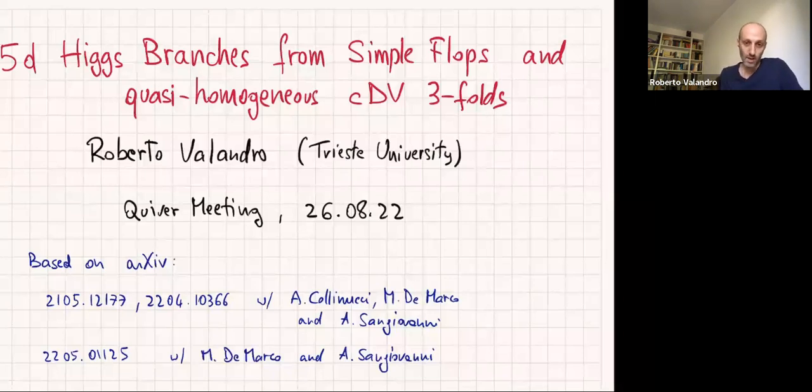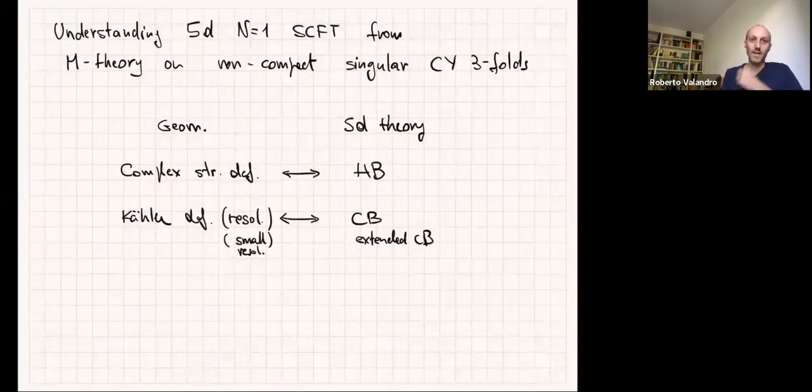So this work is in the context of understanding 5D N=1 SCFTs from the paradigm of M-theory on non-compact, singular Calabi-Yau threefolds. For this, there is a nice dictionary between the geometric data and the 5D theory data.